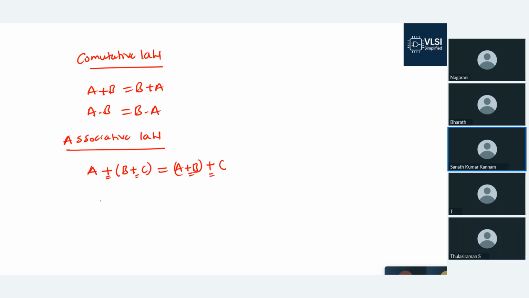Here OR gate will be there. And next A and B and C equal to what? A and B and C. Either it may be same AND gate or OR gate. So that is associative law. And next you have distributive law. So what is this distributive law?